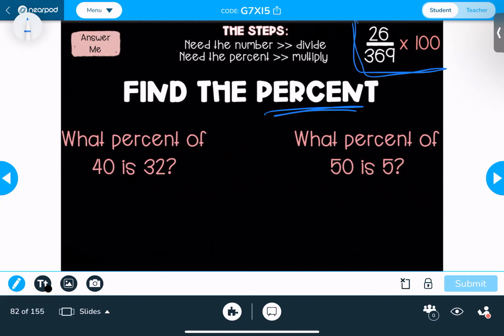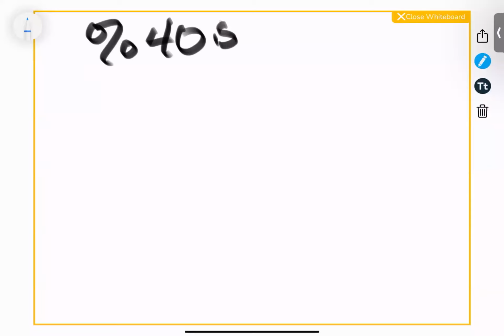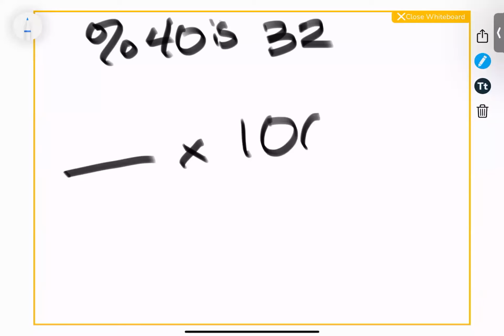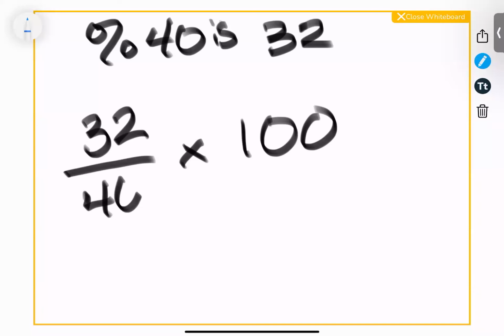All right, at this point, I'm going to go over the answer. So if you're not ready, pause it. Last chance. All right, what percent of 40 is 32? We start with our fraction. 32 is my answer. 40 is my number. To find the percent, I multiply. So I'm going to put 32 inside the house, 40 outside.